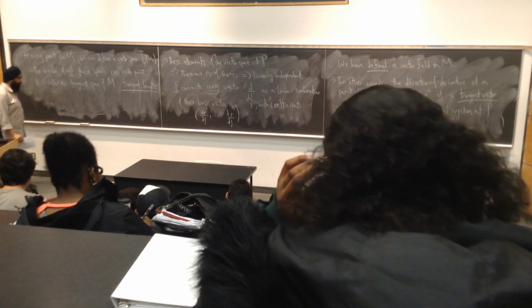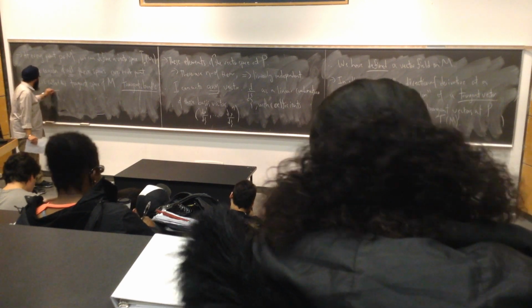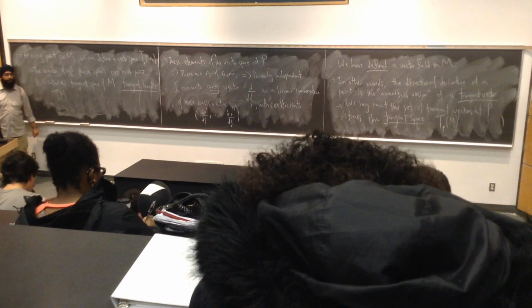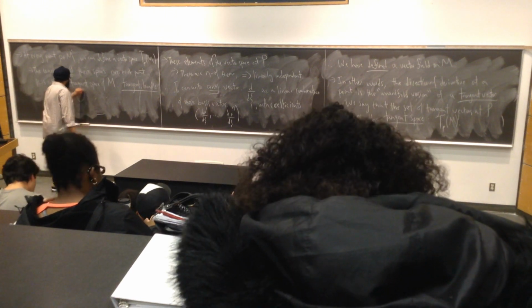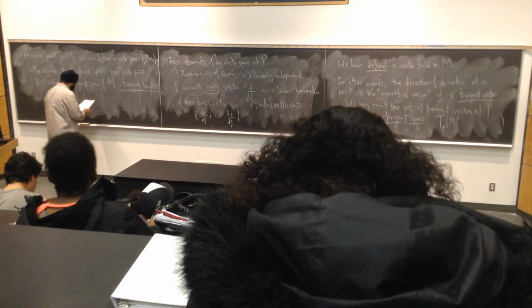And we denote this simply as TM. It's defined, as I said, as the union of all possible tangent spaces, so defined as the union over P.